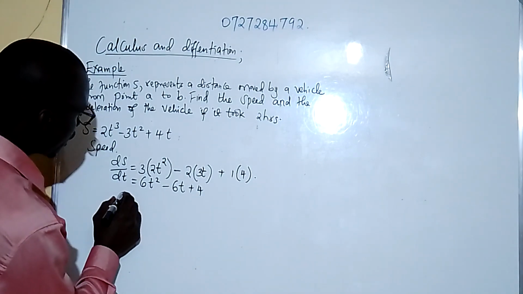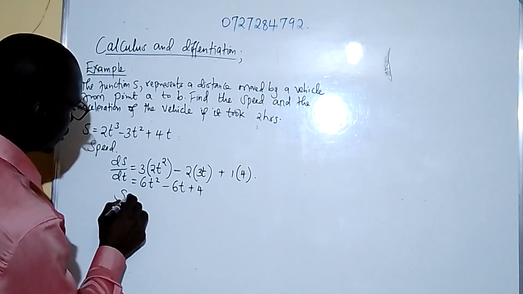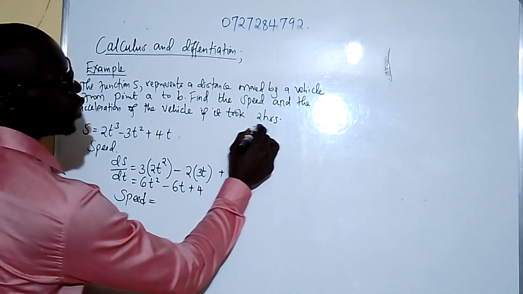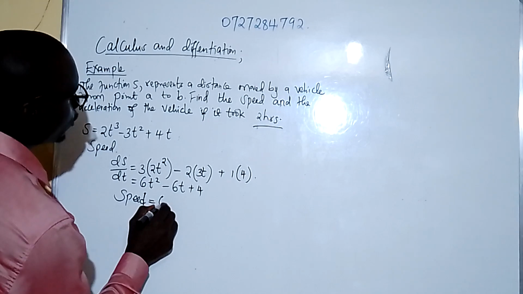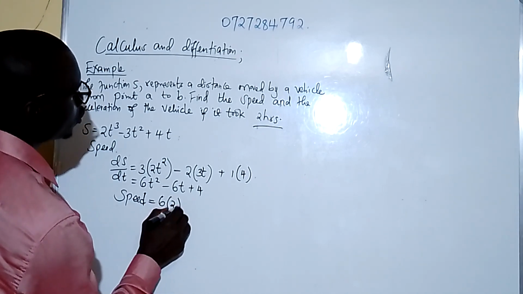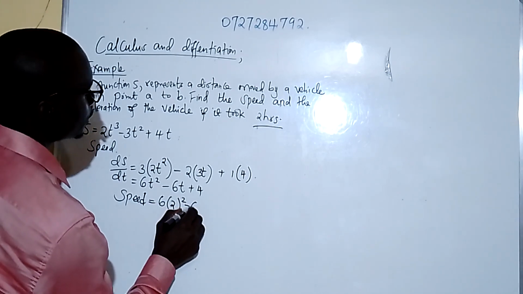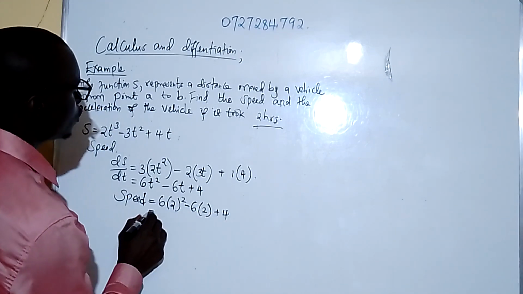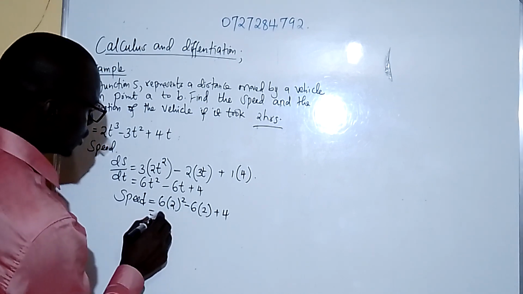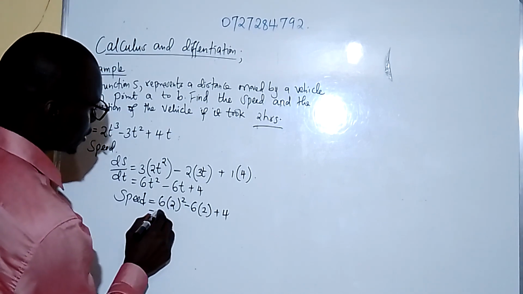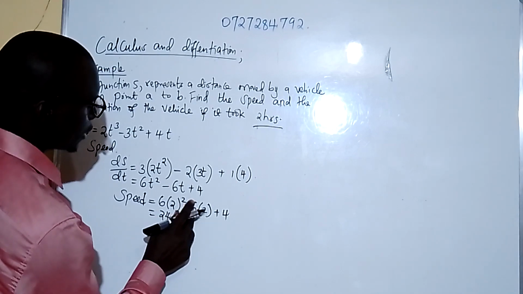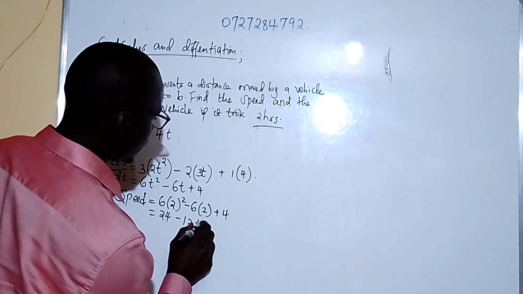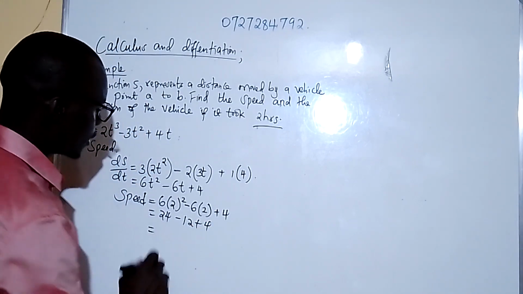So therefore, our speed, by feeding 2 hours in this, we come up with 6 into 2 squared minus 6 times 2 plus 4. 4 times 6 is 24 minus 6 times 2, that is 12, plus 4.